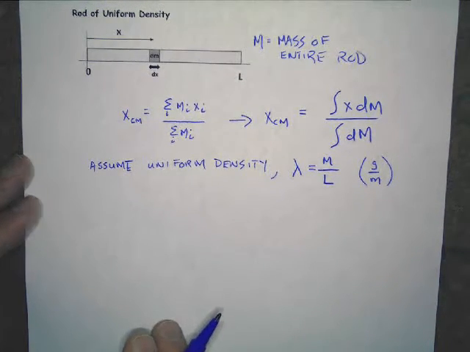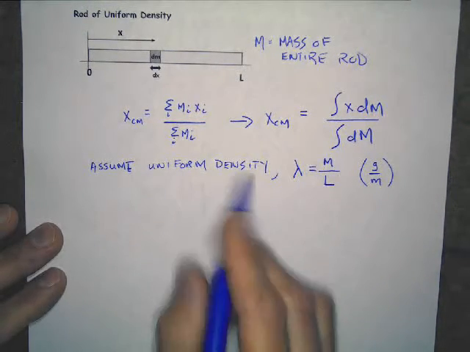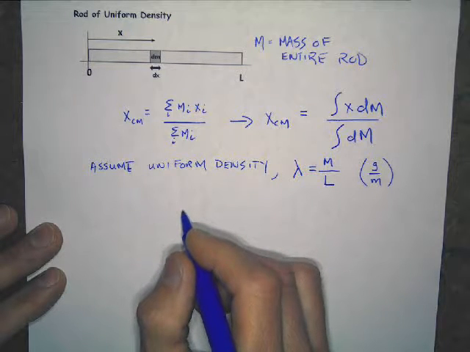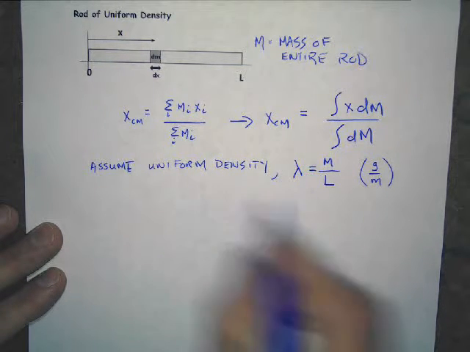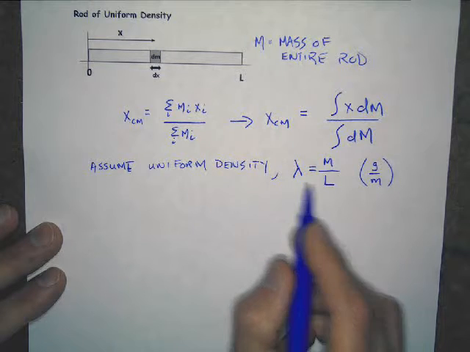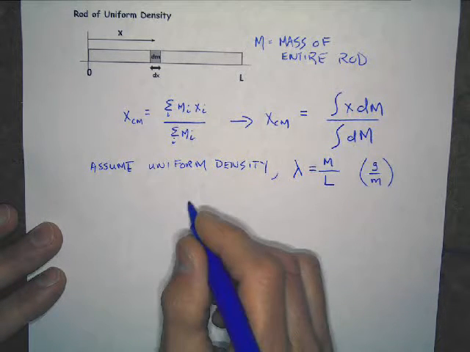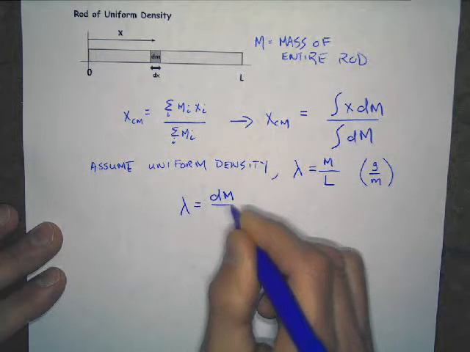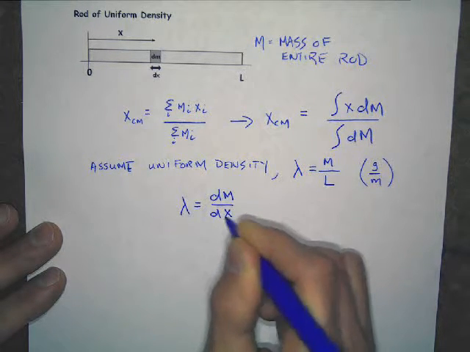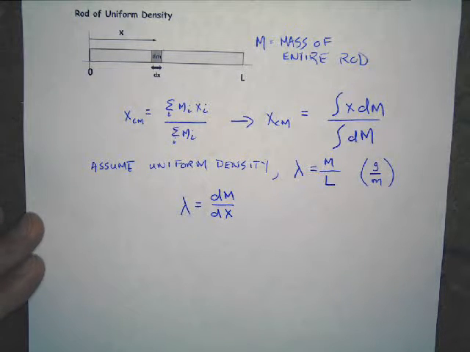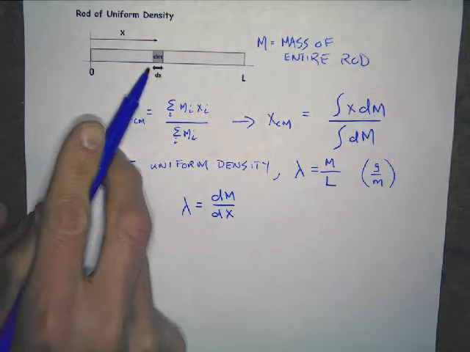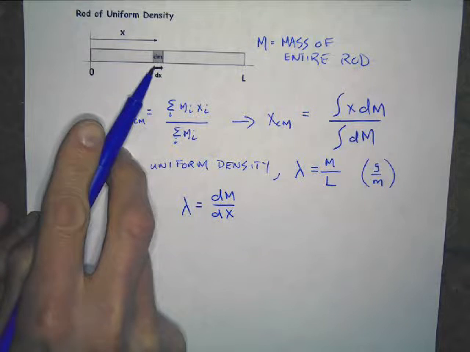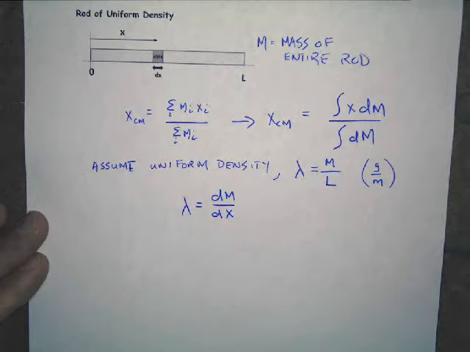Now, if the rod is really of a uniform density, then that means something even more to us. Not only is the overall density expressed this way, but if you were to look at just a small piece of the rod, that little chunk in our picture, the density of the mass should be the same density that you have overall for the entire rod.